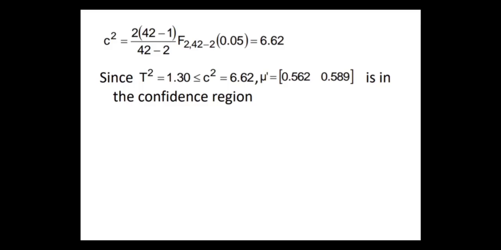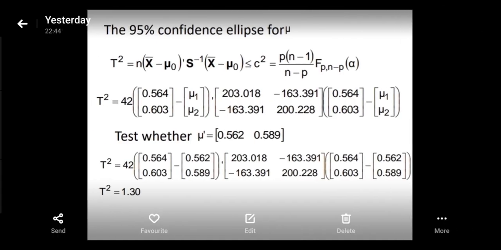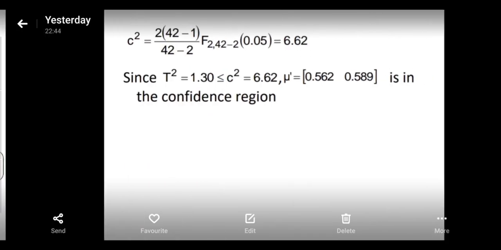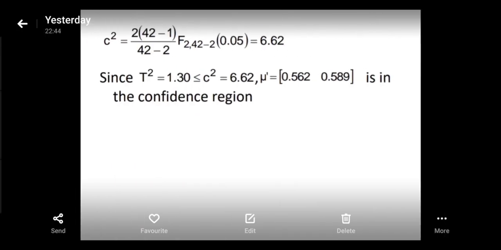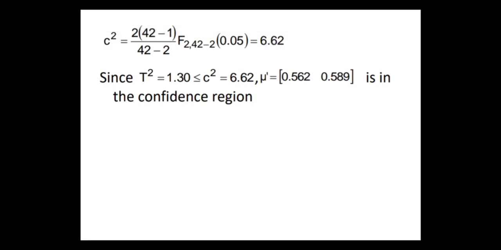Okay, so c square is the F distribution multiply with p(n minus 1) divide by (n minus 2). Okay, sorry, yes, 2 because of the p, n minus p. Alright, and then the answer will be 6.62.